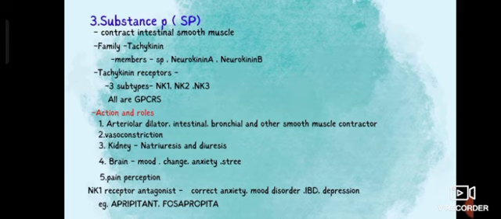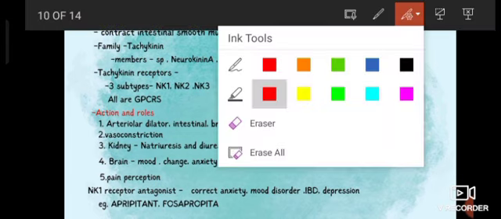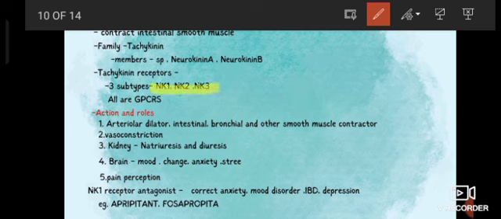Moving further to substance P. Substance P contracts intestinal smooth muscle. It belongs to the tachykinin family. Members of the tachykinin family are substance P, neurokinin A, and neurokinin B. Tachykinin receptors are of 3 types: NK1, NK2, and NK3. All are G protein coupled receptors.